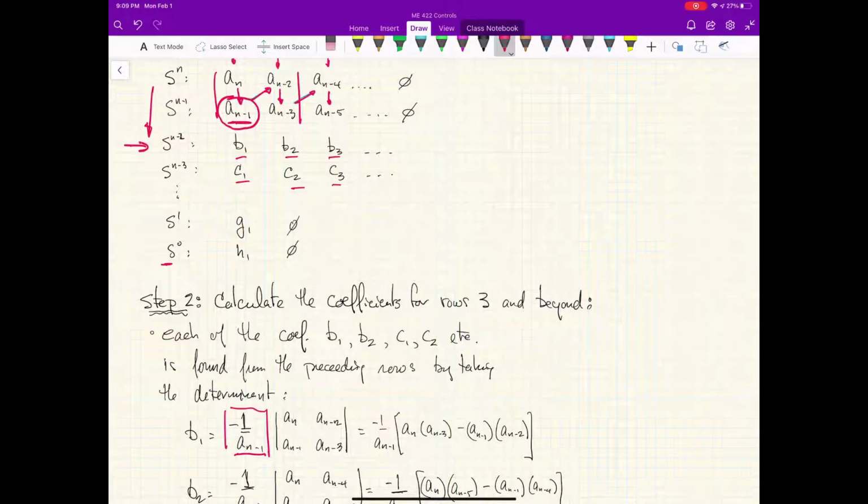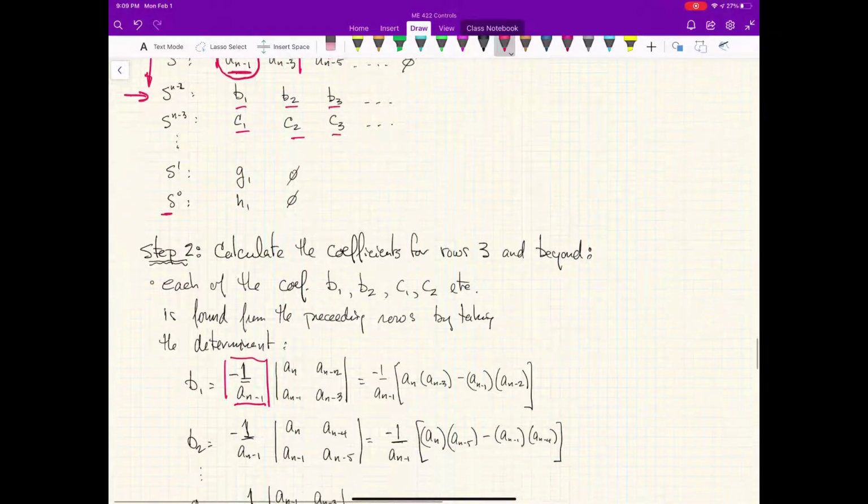And so the determinant, if you don't recall, is going to be the product of the top left term with the bottom right term minus the product of the second row first column term times the first row second column term over there. And that's what I've got over here. Okay, so I got to compute that guy, and that's going to give me what goes in for B1 on my array up there.